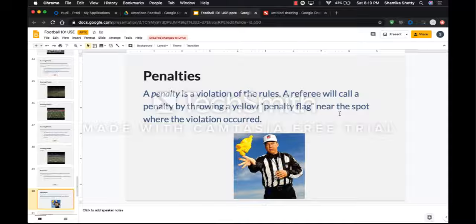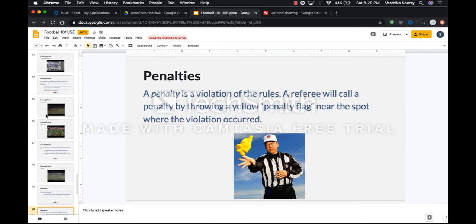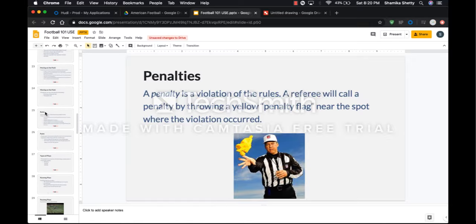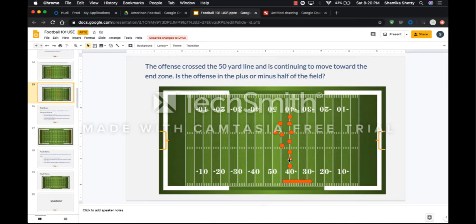So he will be standing around, like we said, there are 4 to 6 referees on the field. So we have the line of scrimmage. Actually, let's use this. Okay, this is where the ball is usually in the center. This is the line of scrimmage.